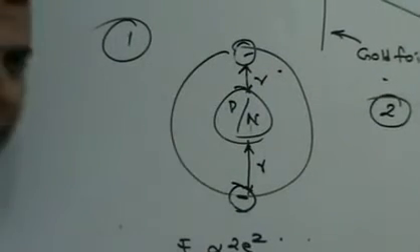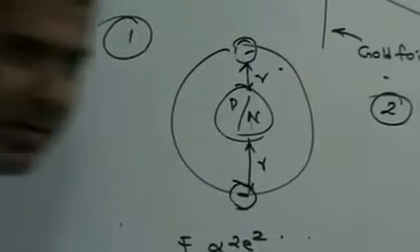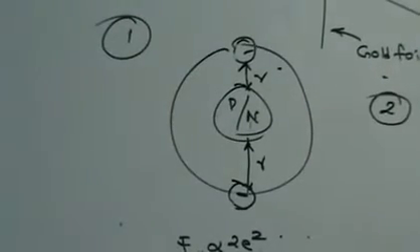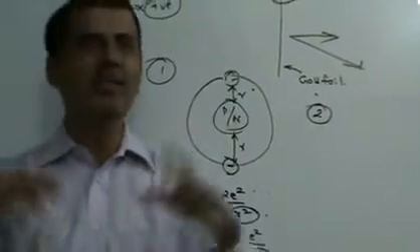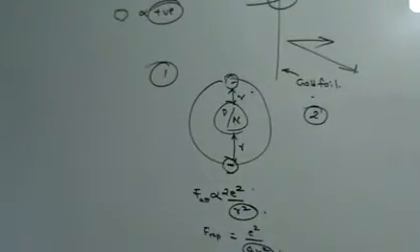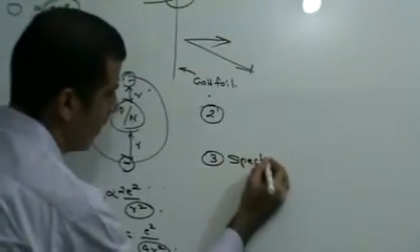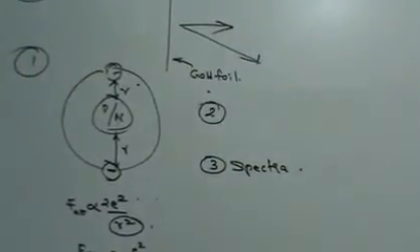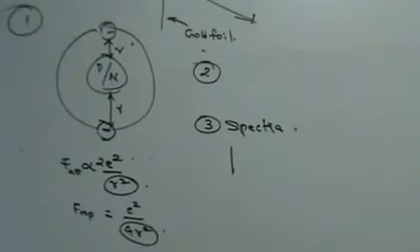if any object is moving, it is going to possess kinetic energy, right? If it possesses kinetic energy, it is going to give out energy. Now you have something called spectra. When energy is given out, you have a line drawn on that particular paper.